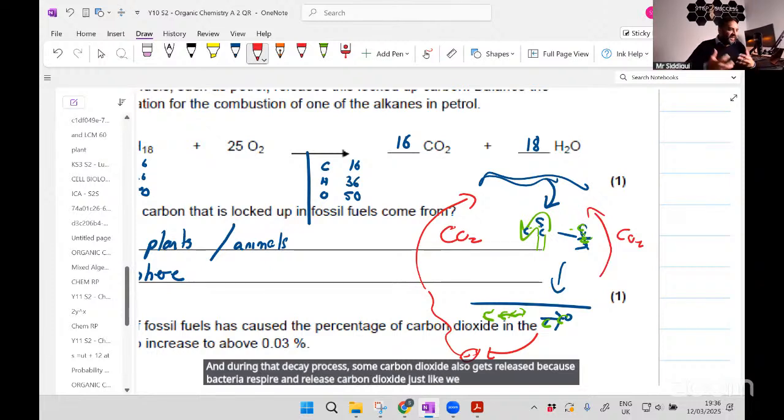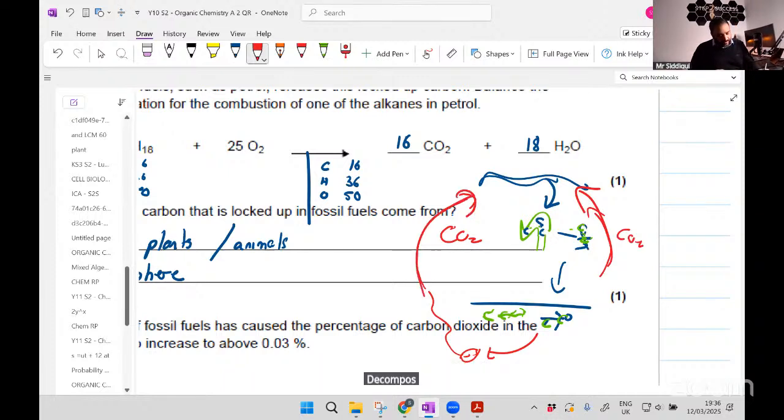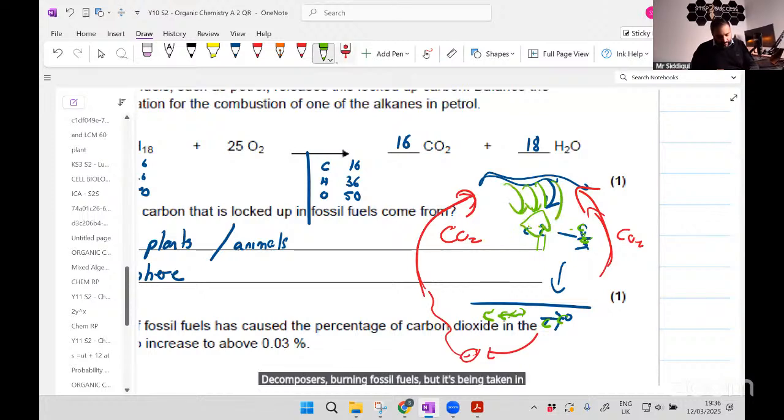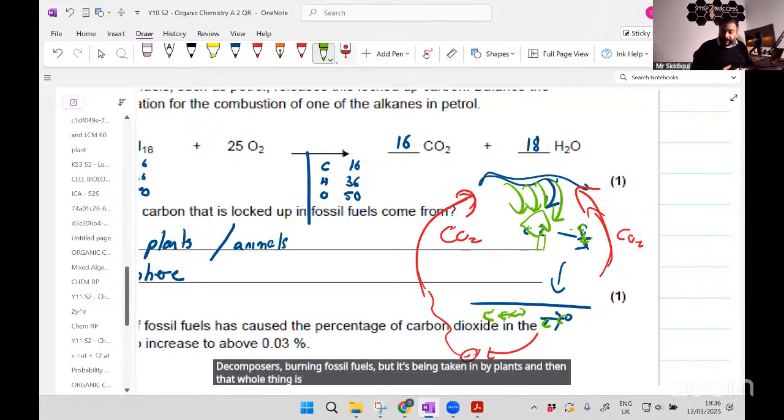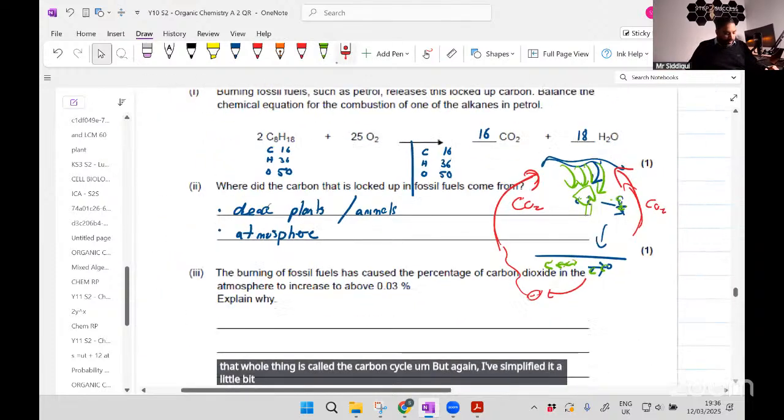So as they're feeding off all of this dead stuff, they release CO2 as well. So that's the cycle. There's two places where it's going back: the respiration of the decomposers and burning fossil fuels, but it's being taken in by plants, and that whole thing is called the carbon cycle. But again, I've simplified it a little bit. But that is why we're meant to plant more trees.